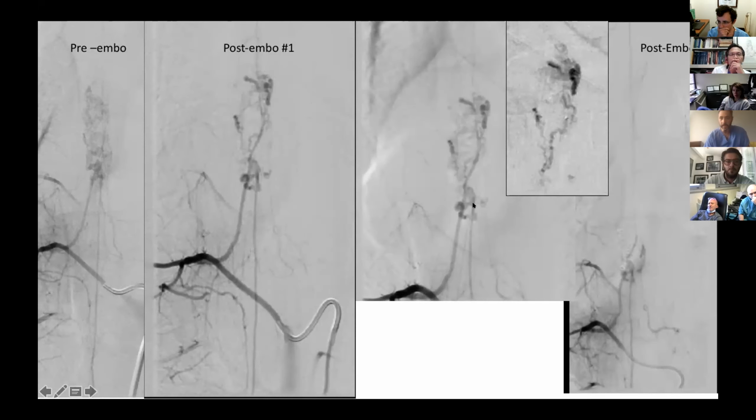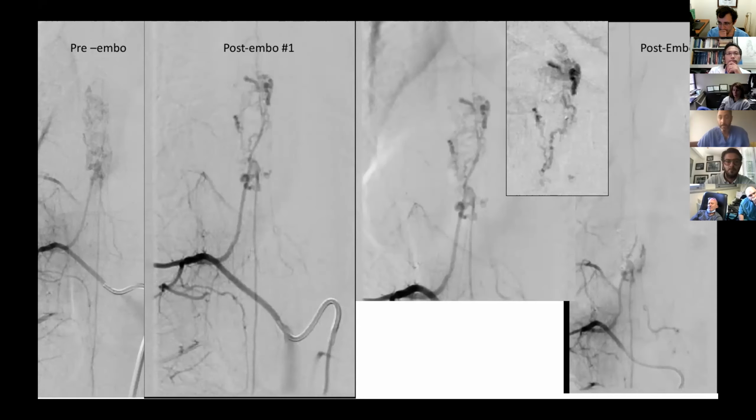This is pre-embo 2, and there's a microcatheter injection, again, truly intranidal. And this is the final post-embolization result. I don't think it's cured, but it was significantly reduced in terms of its vascularity and appearance of the veins.